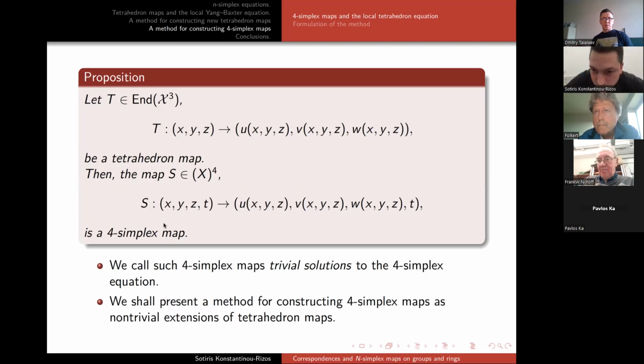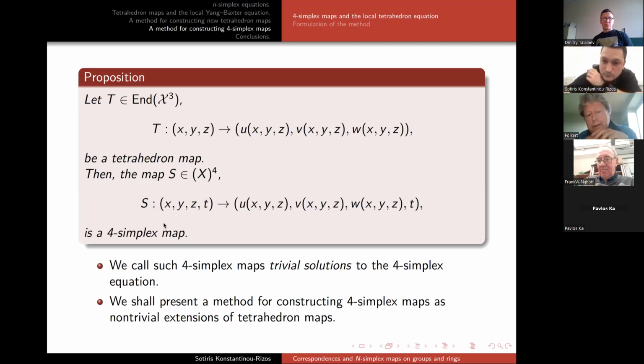Is that right, Pavlos? Yes, it's correct. But then, of course, you have to check that the resulting map is pentagon. It doesn't follow directly via, let's say, Volker's and your construction. You have to prove that it's a pentagon. But indeed, yeah.